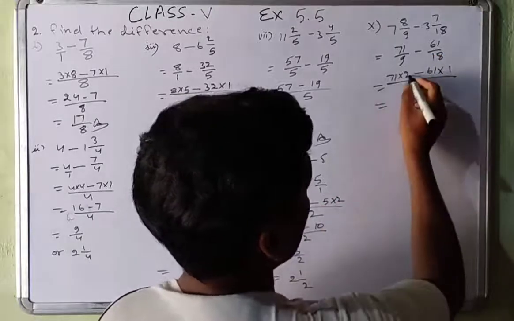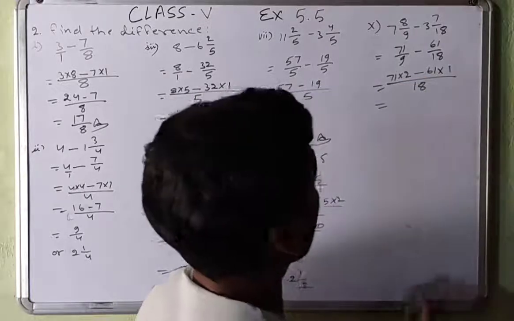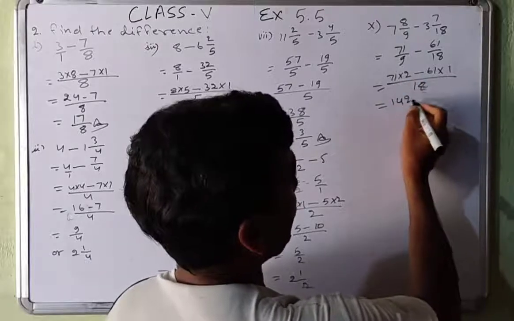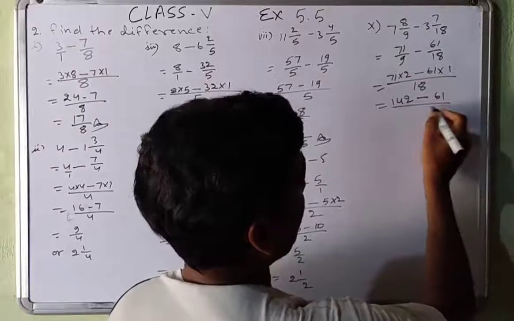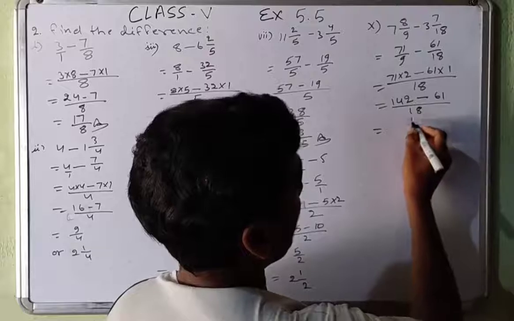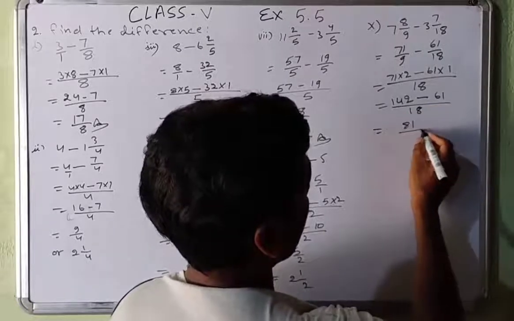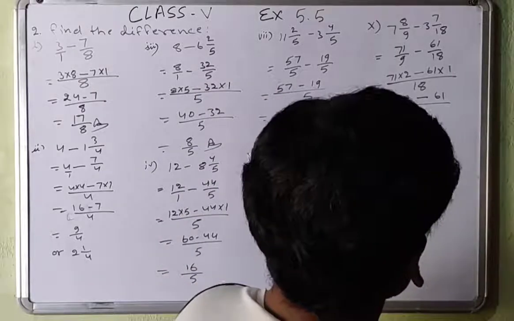71 twos are, no, it's not possible to learn the table of 71, so 2 ones are 2, 2 sevens are 14, minus 61 ones are 61 upon 18, and then subtract: 2 less 1 is 1, 14 less 6 is 8, 8 upon 18, and then you will write it in mixed fraction.